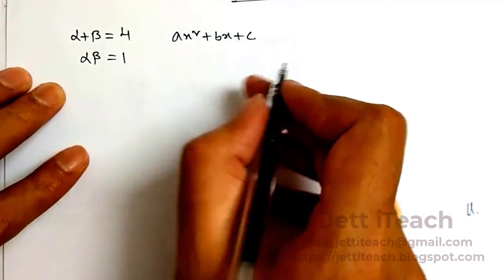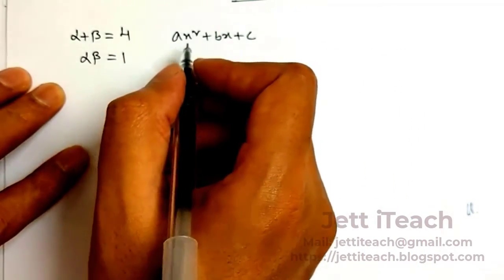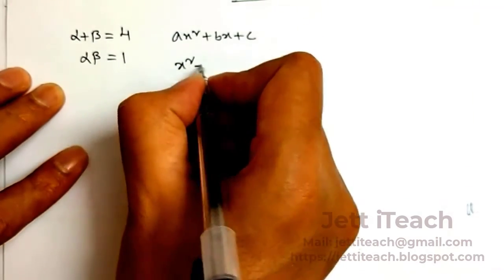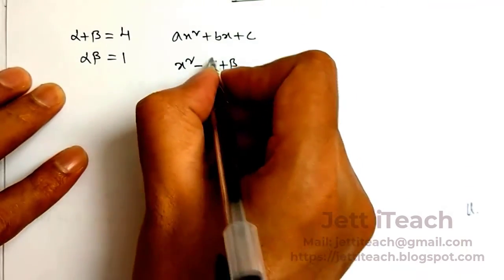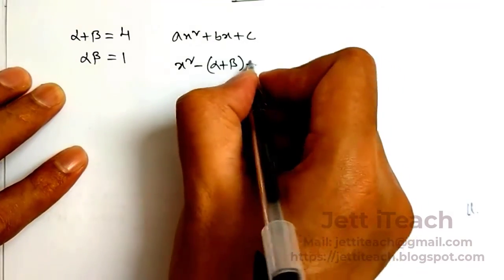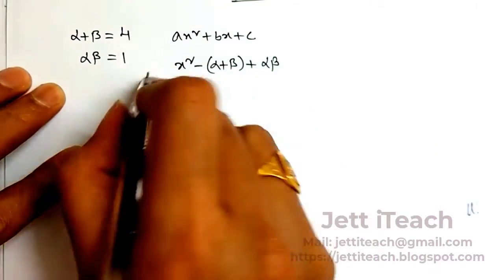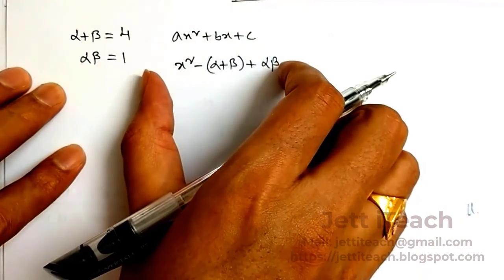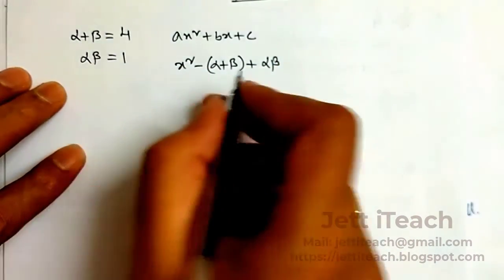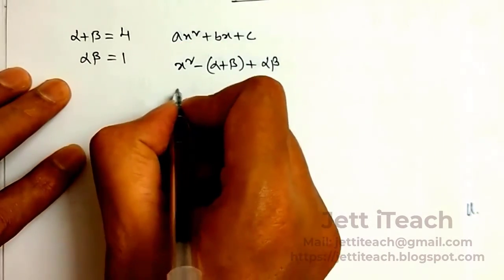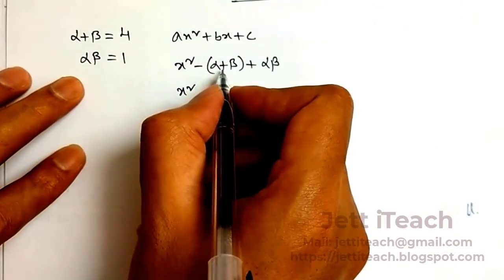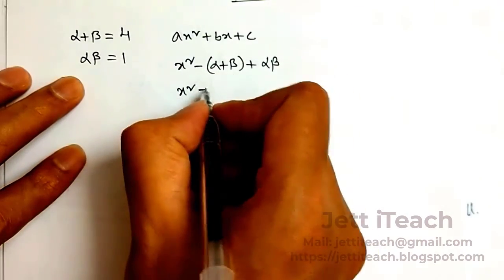You can also write this general equation in another way: x square minus alpha plus beta, x, plus alpha into beta. This is also another general form. Simply you can substitute the values. Alpha plus beta, the sum of roots, is 4.